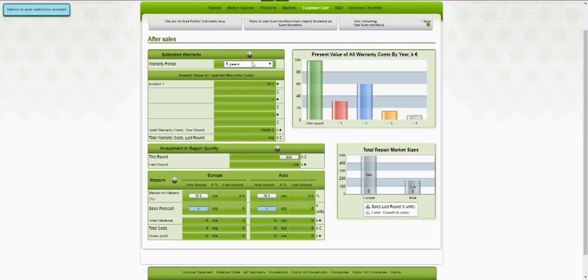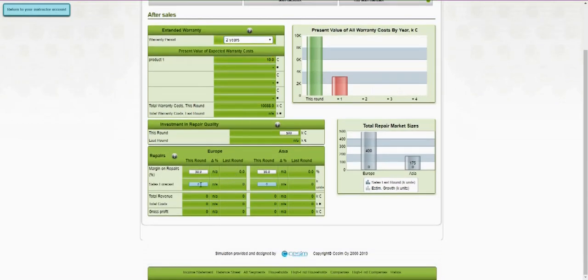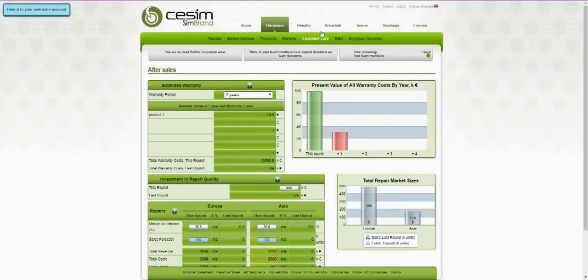Obviously, if we're having a warranty that lasts 5 years, there's going to be costs this year and the following rounds. So you have to think about how much investment you want to put in there. We can also think about the margin on repairs that we want to achieve and how many we want to put in here. So I'm just putting 100s just so we've got stuff in here. And then it shows you what the revenue is going to be for each of those areas.